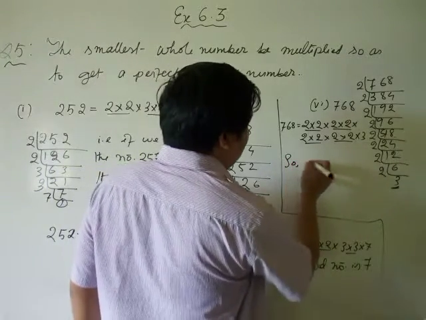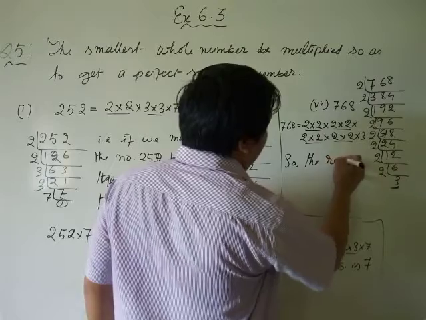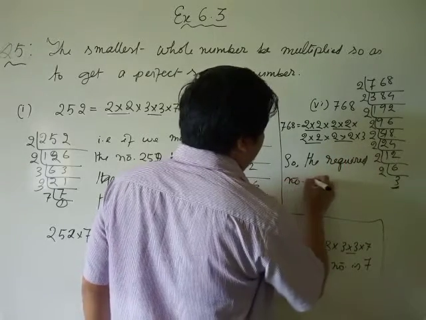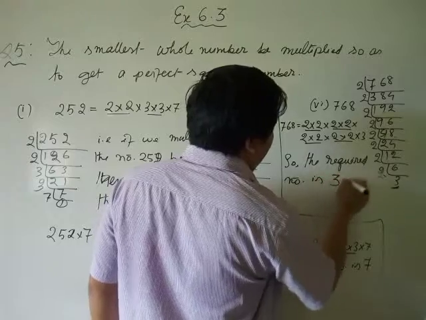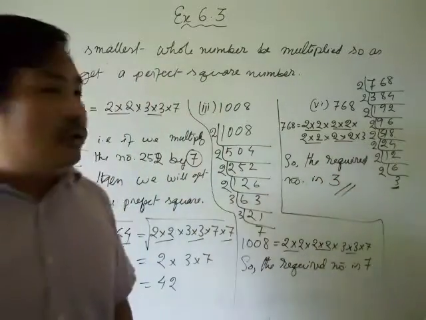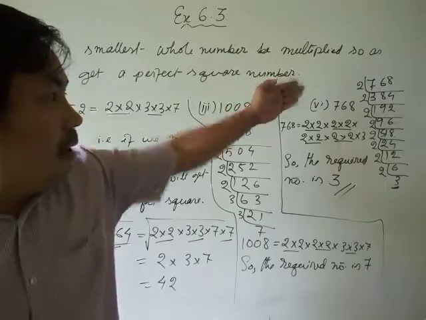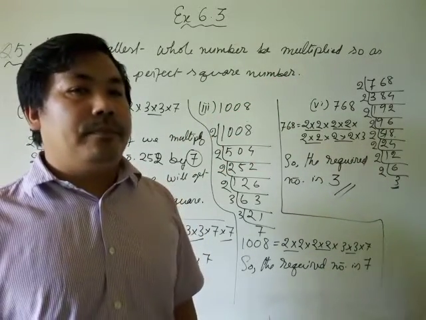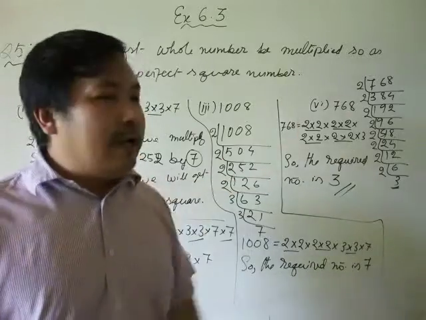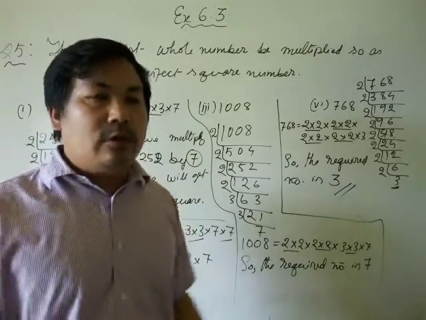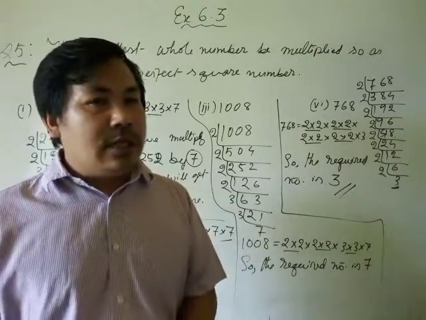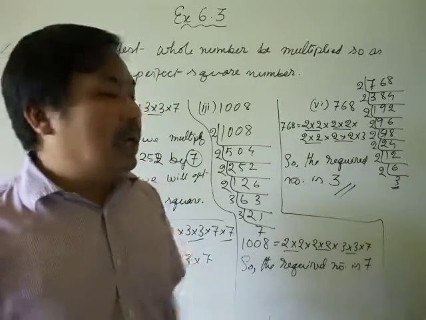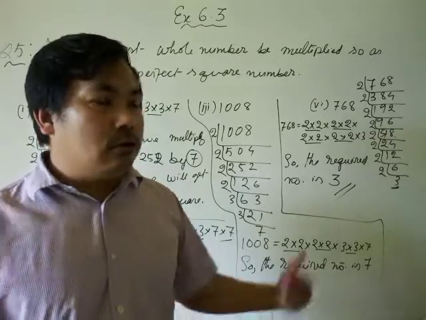So we get 3 as the number to multiply here, so that the number becomes a perfect square. Understand? So like this we can find out the others also. There are 3 other questions. You can try yourself.